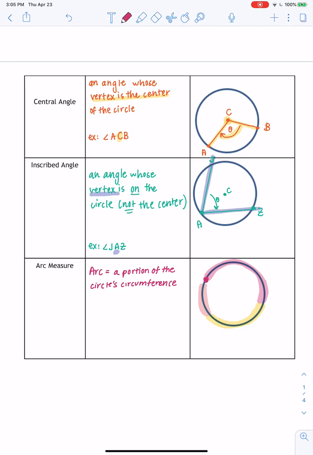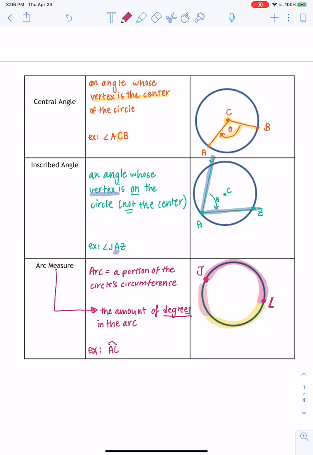So if I put this point here as point J and this point here as point, let's say L, then an example of how we would write this would be arc AL. And so arc measure is the amount of degrees in the arc.